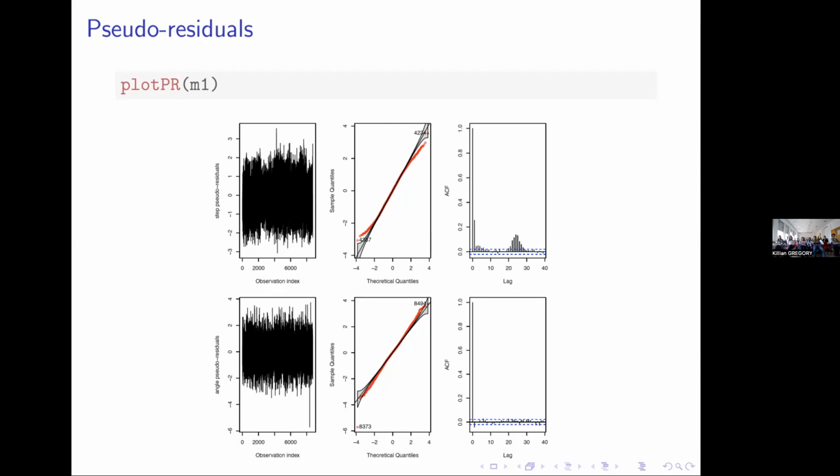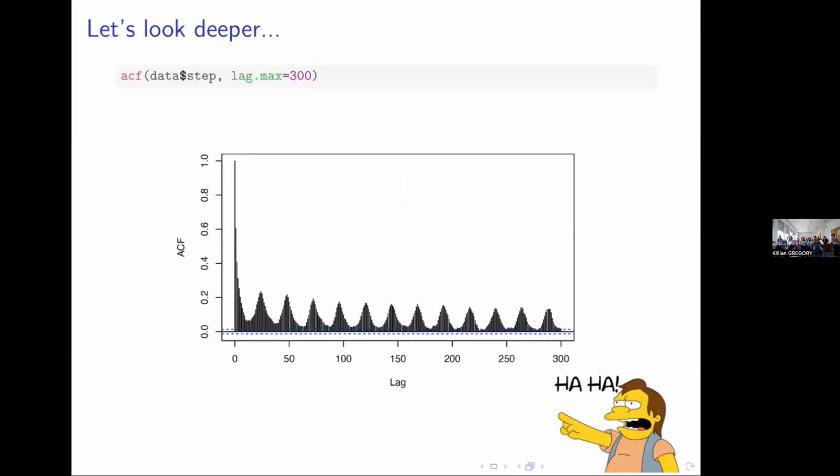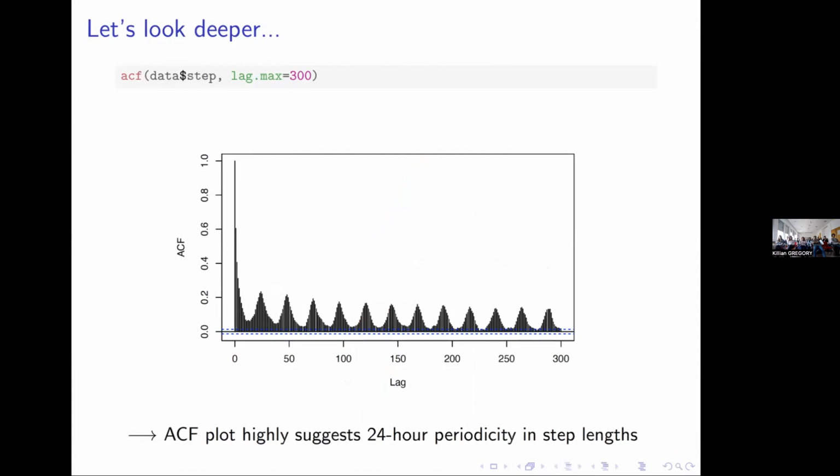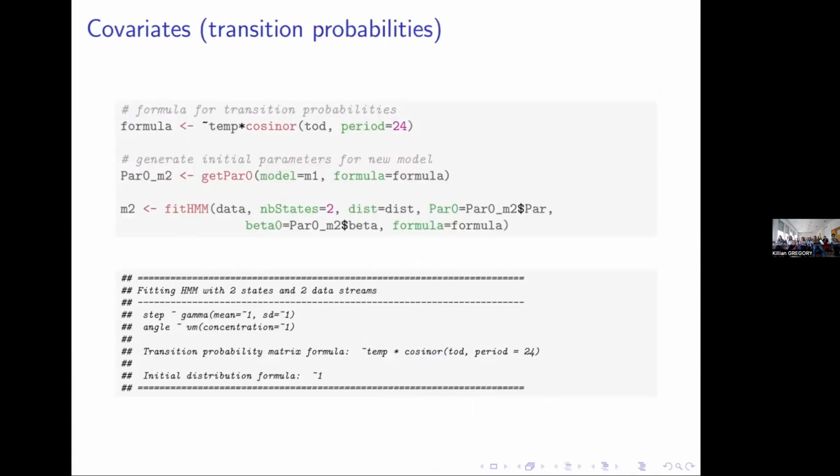So if we zoom out there, we have what appears to be a 24-hour periodicity in there, which is really bad. It's huge. So what can we do in that situation? One option would be to use a periodic function on our state transitions.